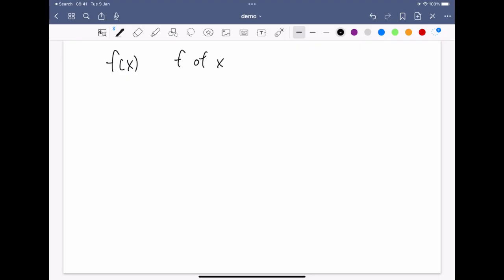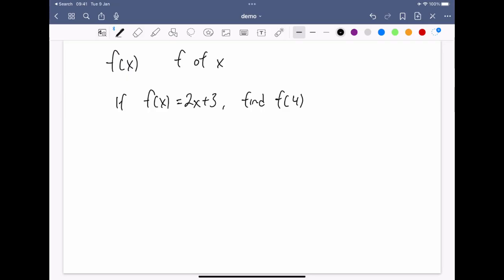So I'll give you some very simple ideas just to show you how to apply this. For example, if f of x equals 2x plus 3, find f of 4. So how would you solve this?